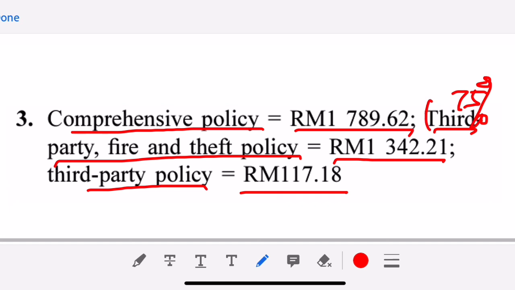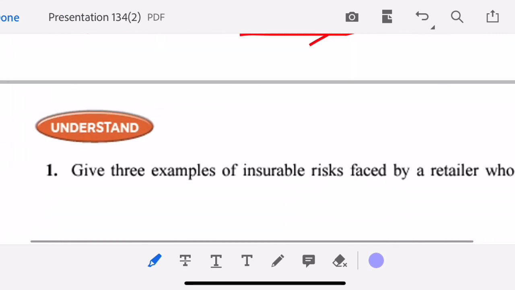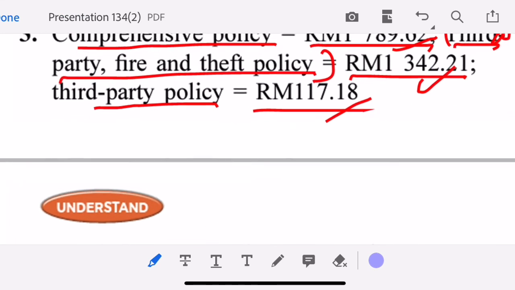So be careful, the third party fire and theft policy is 75% of the gross premium, which is 75 times 2556.60, right? So that is about the calculation for the motor insurance.